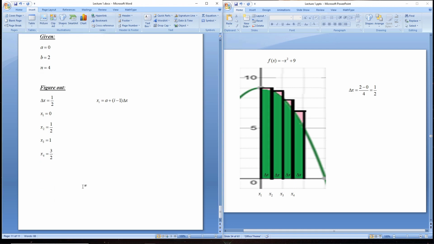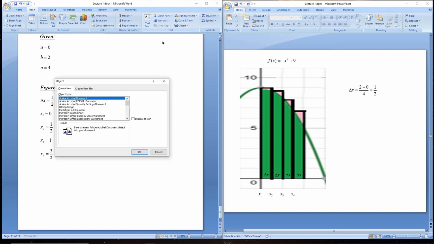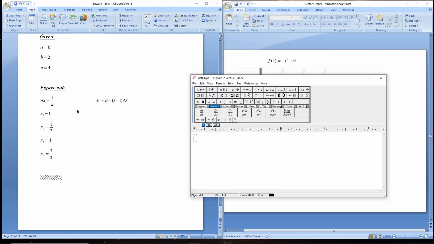Let's first figure out what the function is when we put in our x sub 1 value.